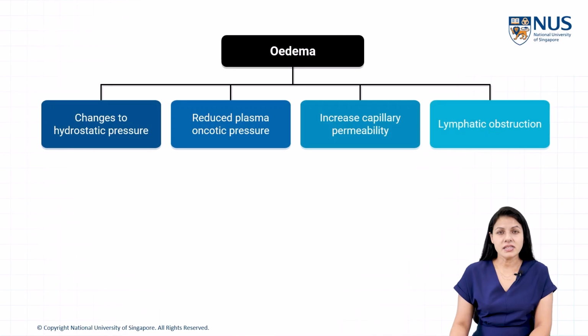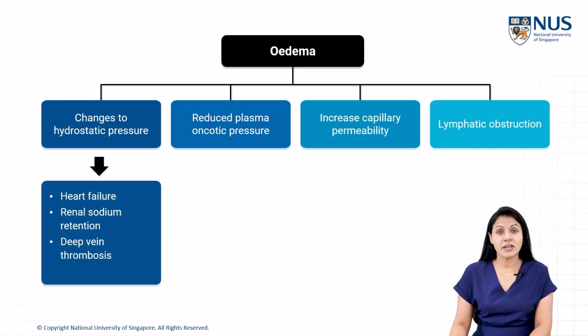Now let's look at some examples of these mechanisms. So, heart failure and renal failure lead to sodium and water retention. This will increase intravascular volume.